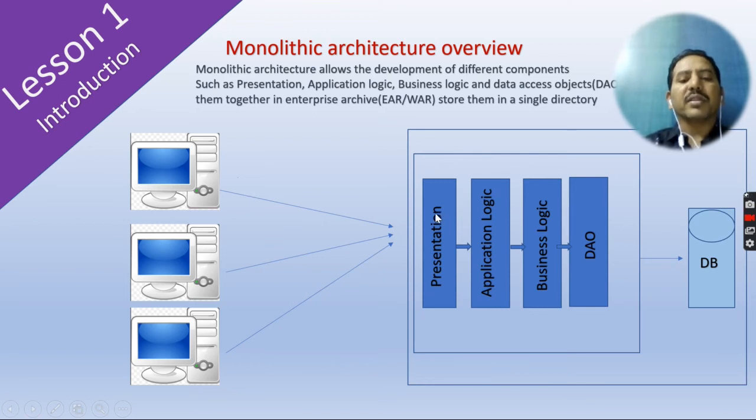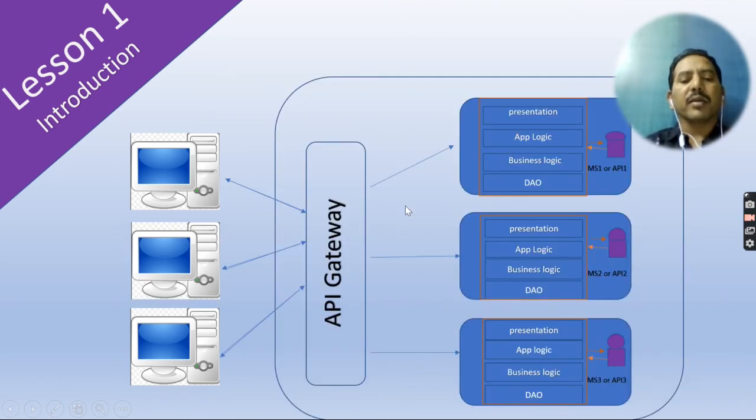Microservices also have a presentation layer, application logic, business logic, DAO, everything. But each microservice acts as a single service. Like that, many services are divided into small services. Let us see about the monolithic and microservices architecture.